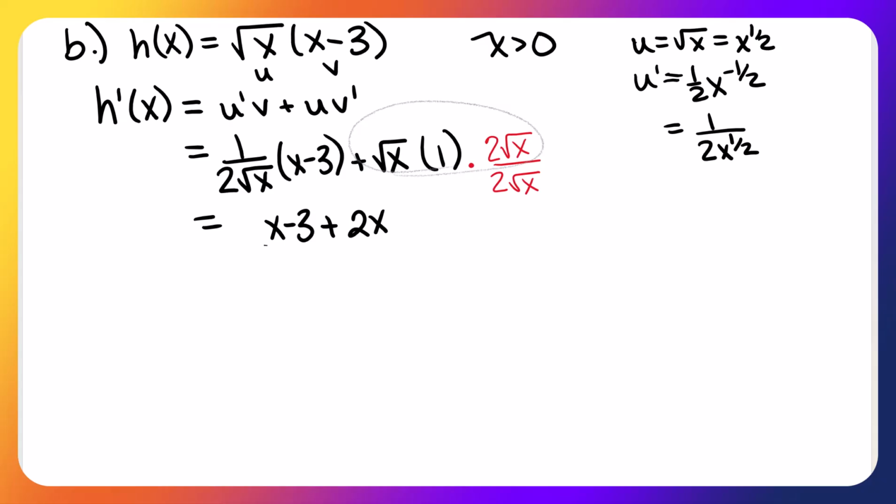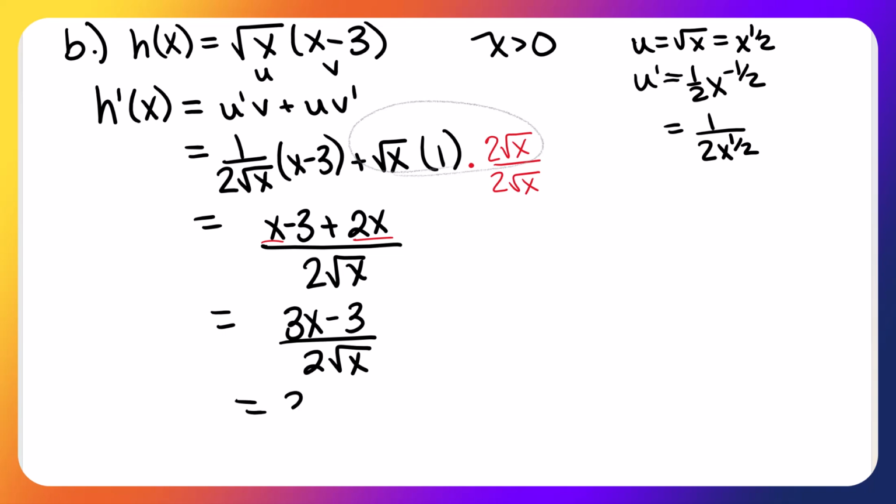And then this is all over 2 times the square root of x. So then combining our like terms of x and 2x, that gives me 3x minus 3 over 2 times the square root of x. Or we could factor out that 3, just because I know I'm going to find critical numbers, which is where this is equal to 0 or undefined.